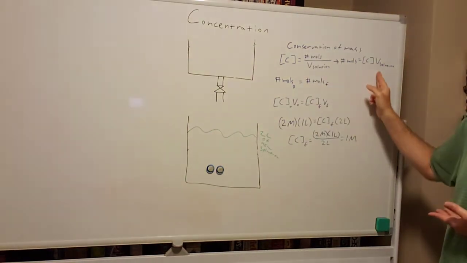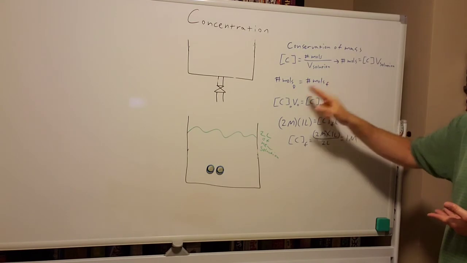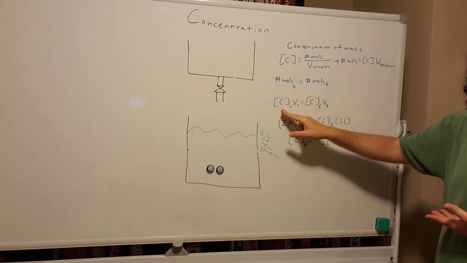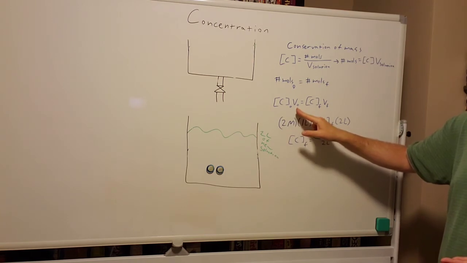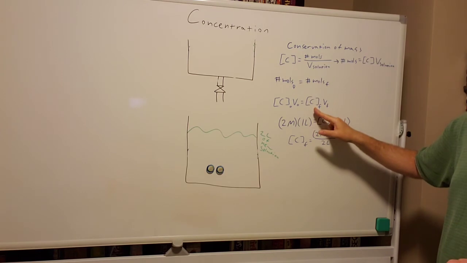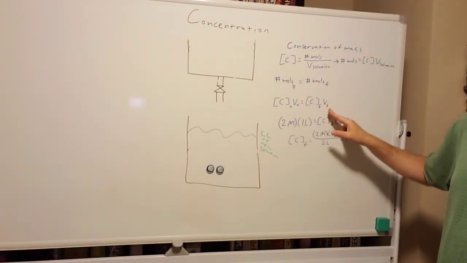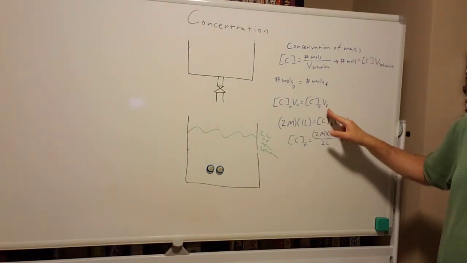Using this equation we just derived, I can substitute the concentration initial multiplied by the volume of the solution initial must equal to the concentration at the end, or final, multiplied by the volume of the final solution.